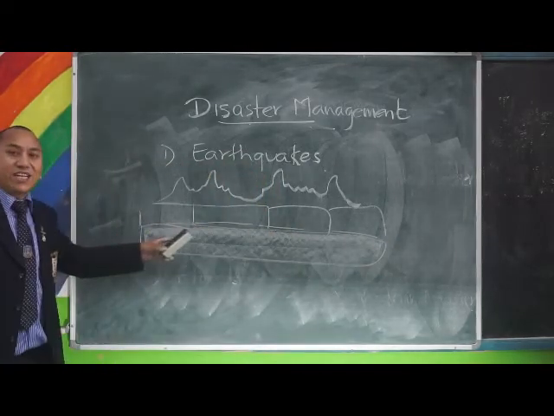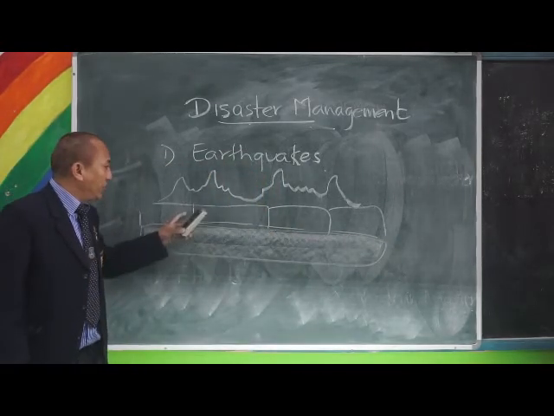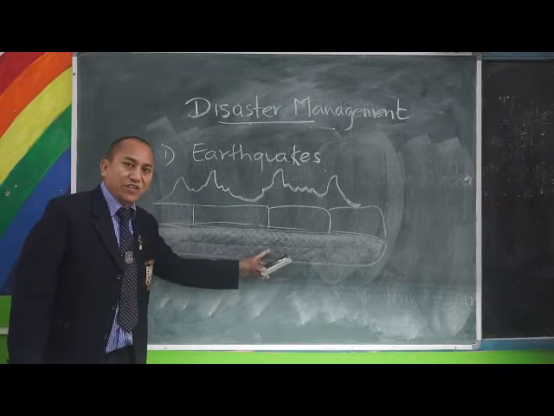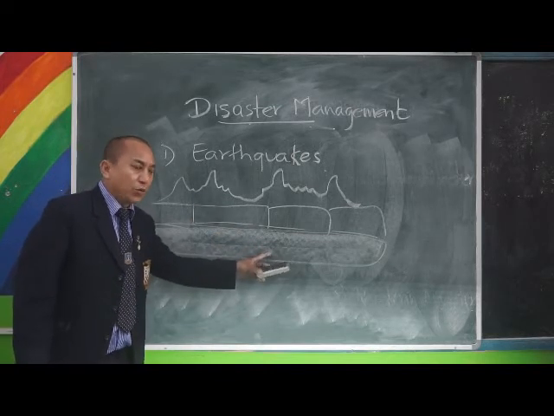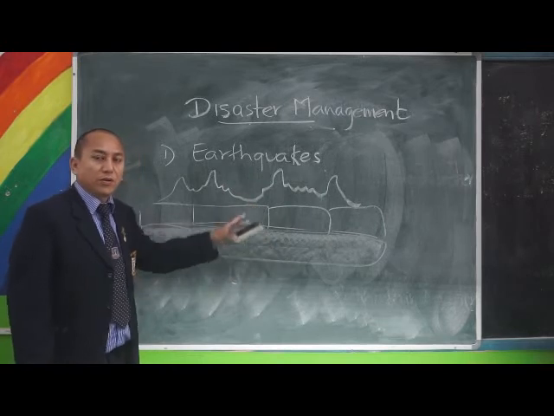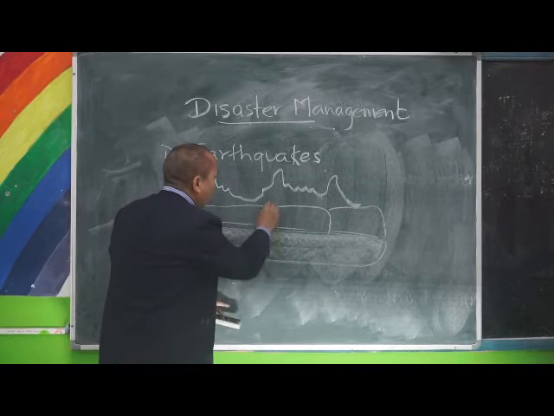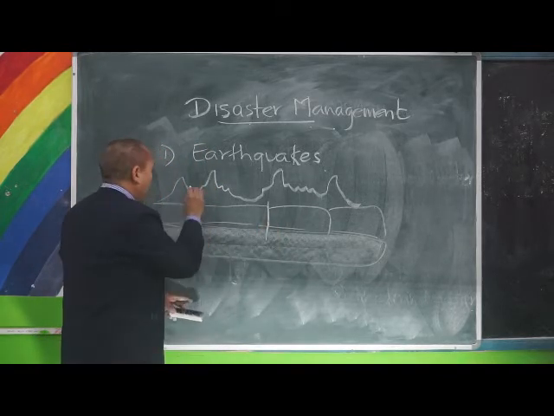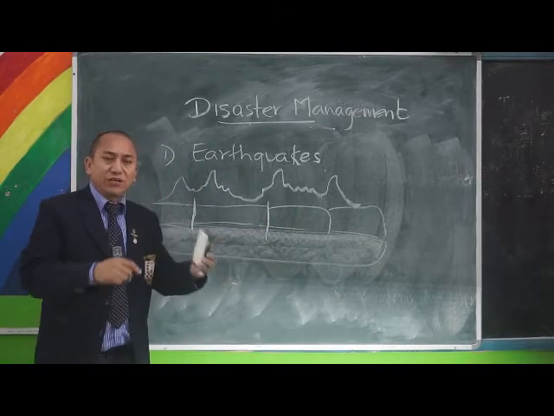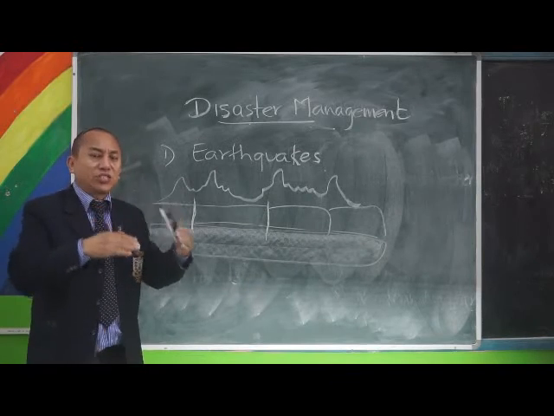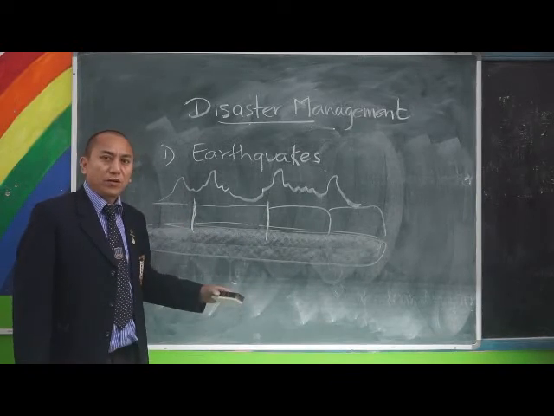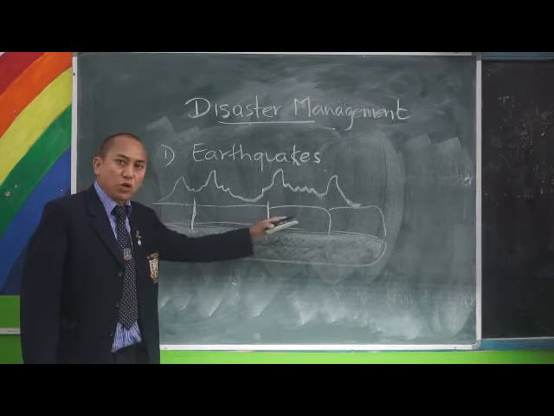Called the asthenosphere. So when, from inside the Earth's surface, the magma releases the pressure, the pressure is forced out through certain cracks. And the areas where the pressure is released, it causes movement of these rocks.